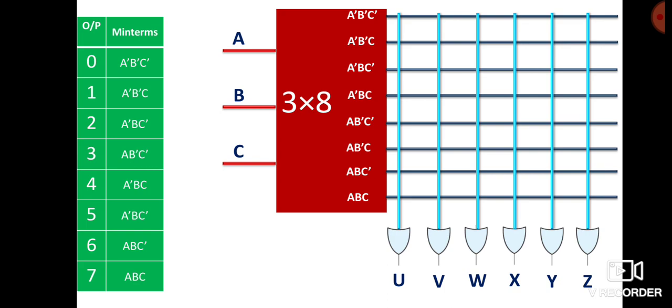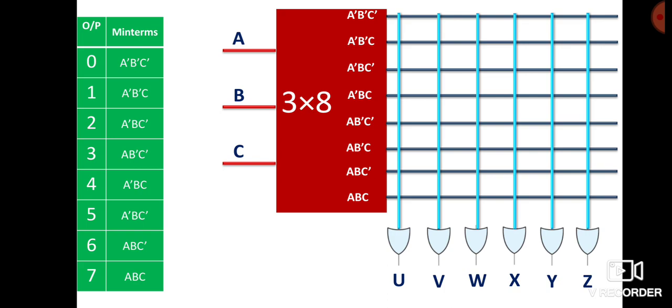This is simply a representation of the minterms inside the decoder. Inside this decoder, we have only AND gates, and this will be the output if you are giving 000 at the inputs. So that is what I have written here, the minterms of the decoder.